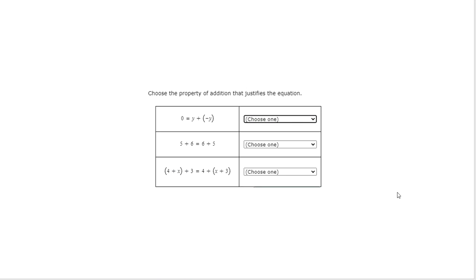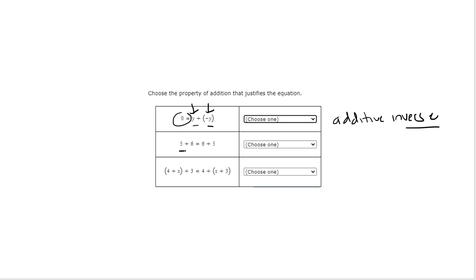Okay, and then the last one, this one right here, when you take y, the thing that you add to y to make a 0 is a negative y. So that is the additive inverse. Okay, that's what you can add to the y to make it a 0. So inverse, that means what's the operation that'll cancel out what's been done.